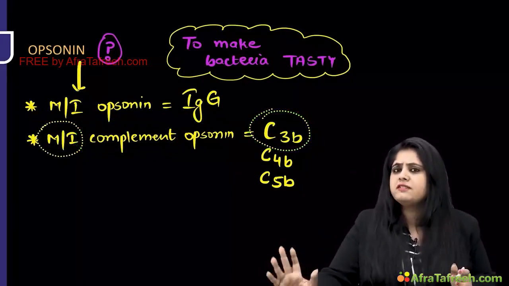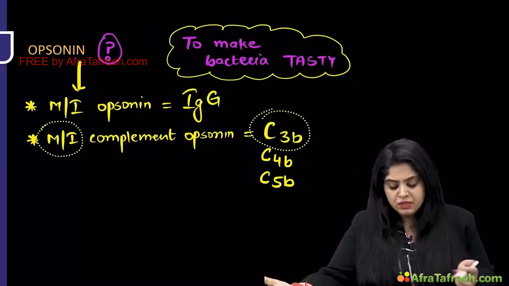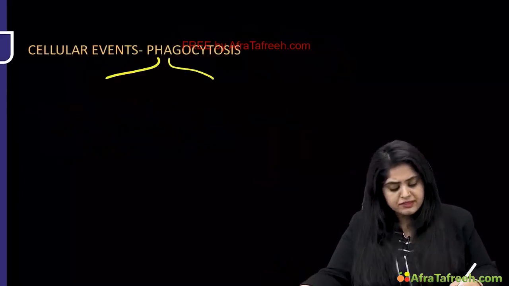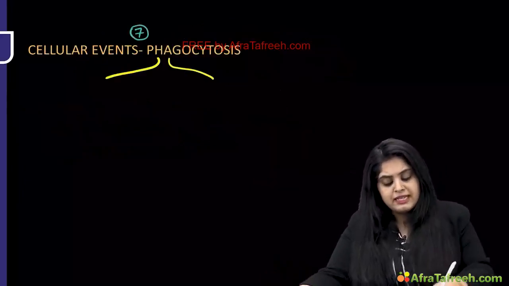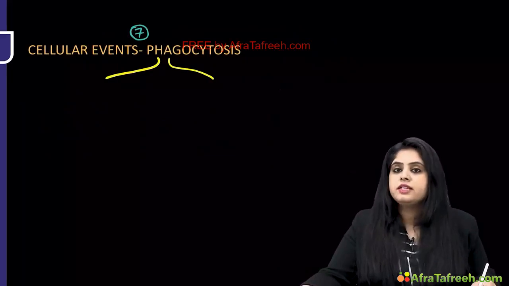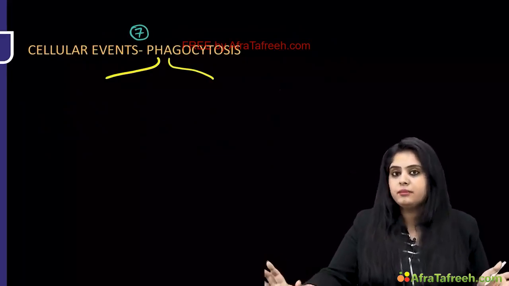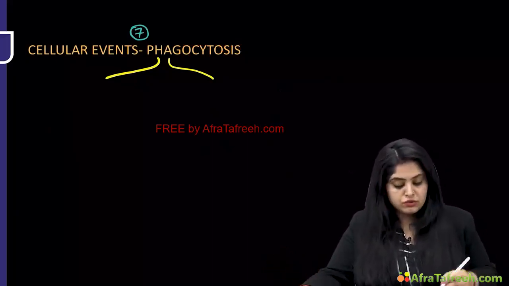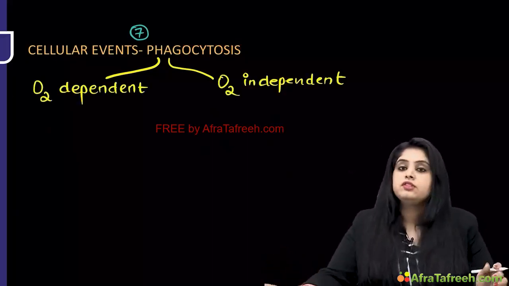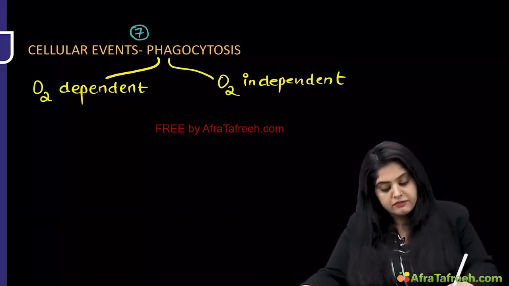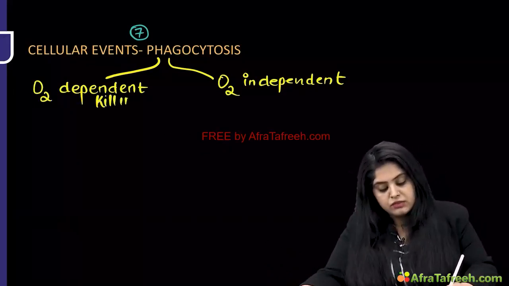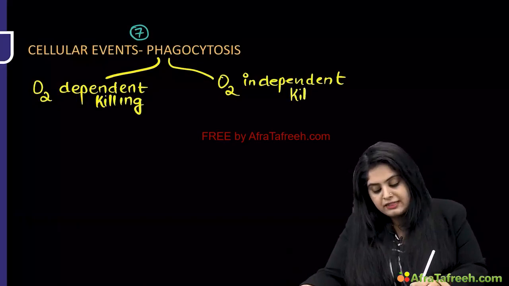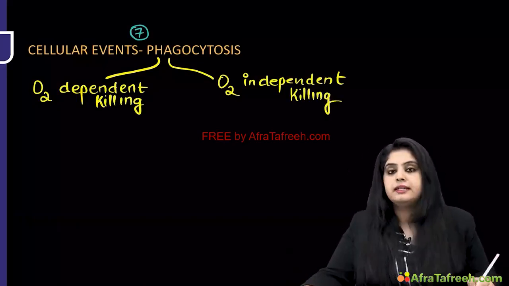You've made your food tasty. Why have you made it tasty? To eat it. So finally do the 7th step and finish it off, and that is phagocytosis. Kill it, eat it. Now you'll say, ma'am, for killing a bacteria I will need oxygen, or I might not need oxygen. So there is oxygen dependent killing, where I will utilize oxygen, and second is oxygen independent killing.